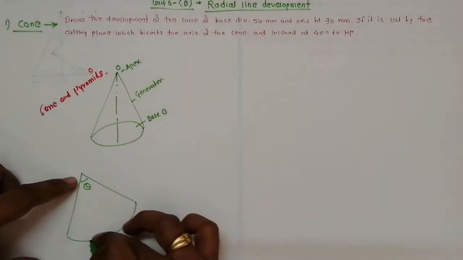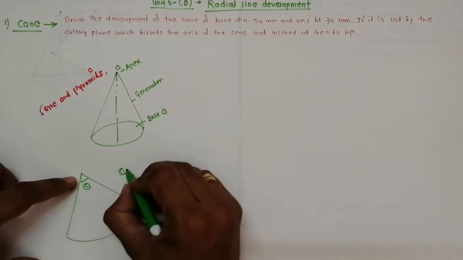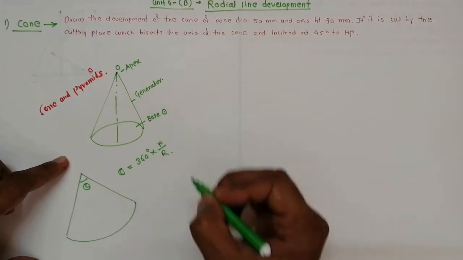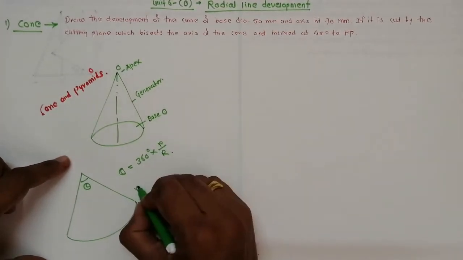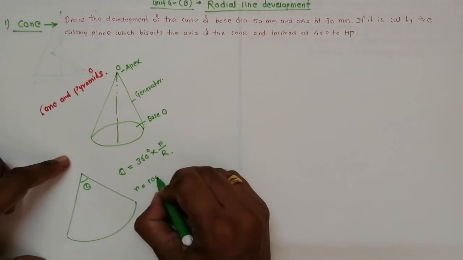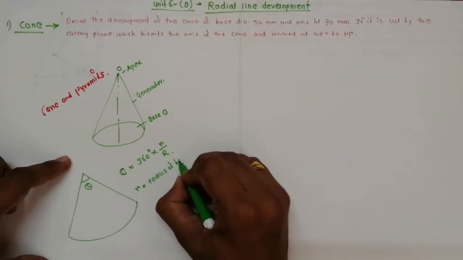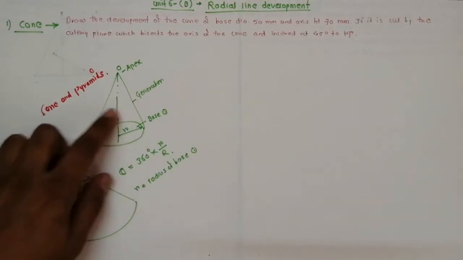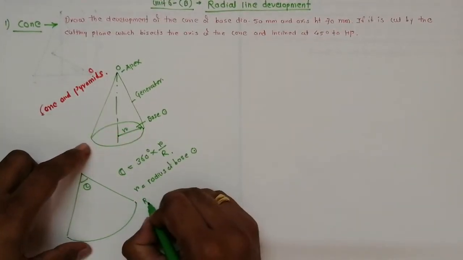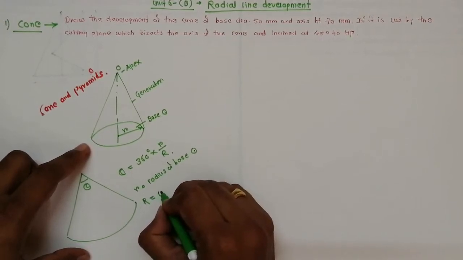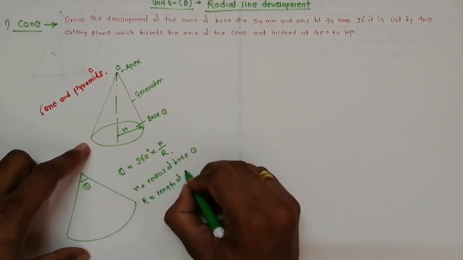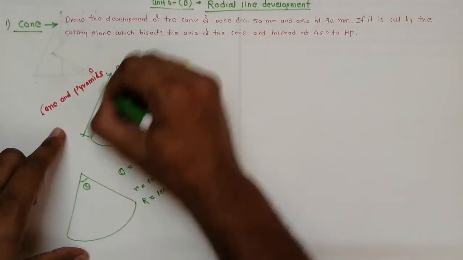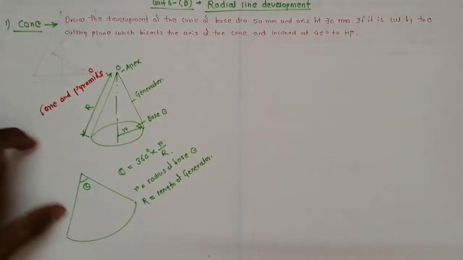This is called the radial development for this cone, and this theta is calculated using the formula 360 degrees multiplied by small r by capital R, where small r is the radius of the base circle, and capital R denotes the length of the generator.